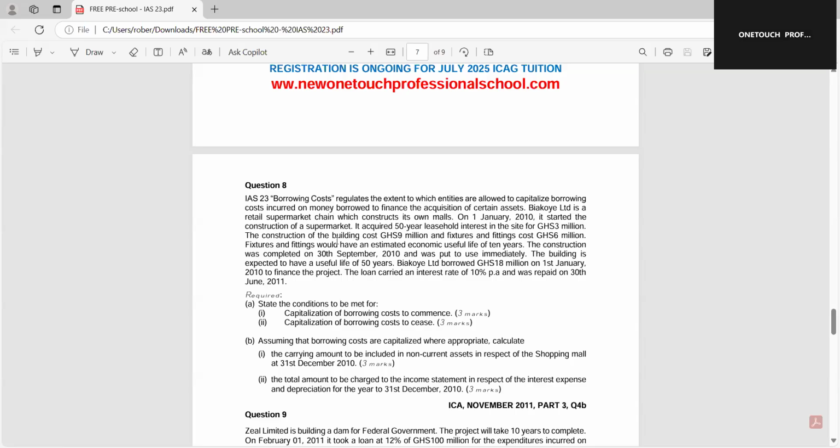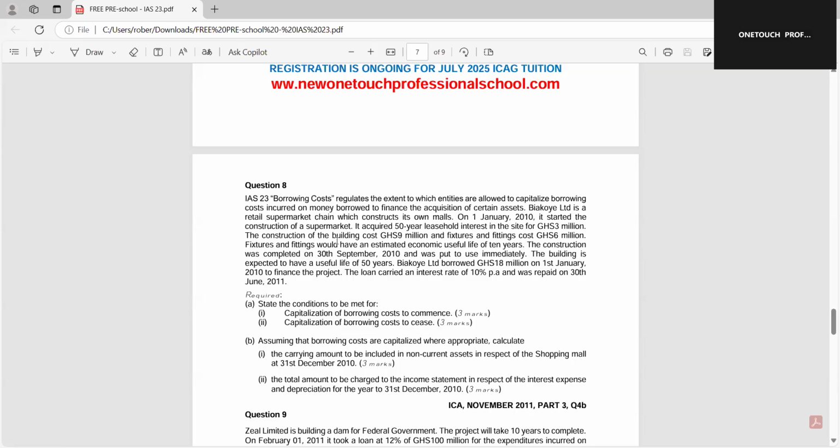But would the other two conditions be met on 1st January? They said on 1st January 2010, it started the construction of a supermarket. So meaning that all three conditions were met on 1st January, true or false? True. Okay, so you can continue now.